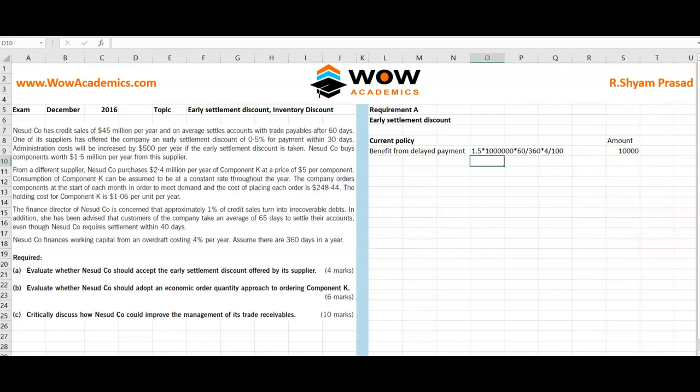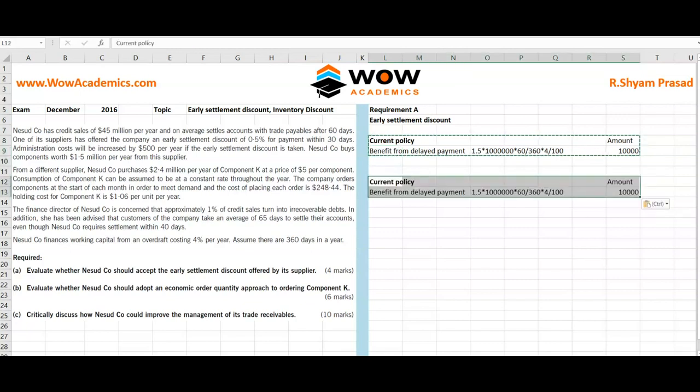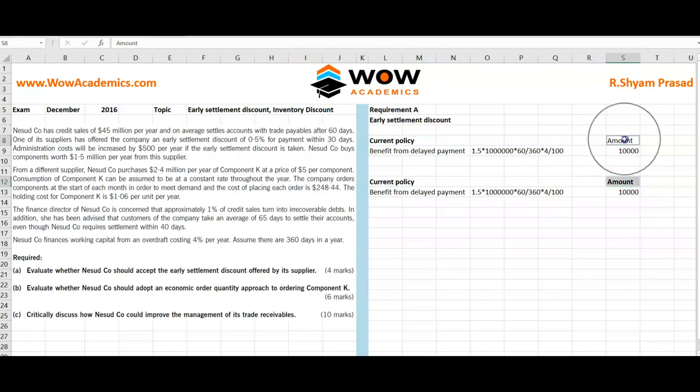So now we'll move on to the next one, the proposed policy. We'll copy this and we'll work it out here. The proposed policy. So the benefit from delayed payment will now fall. It won't be this number. It will fall to 30 days because the question says the payment has to be made within 30 days.